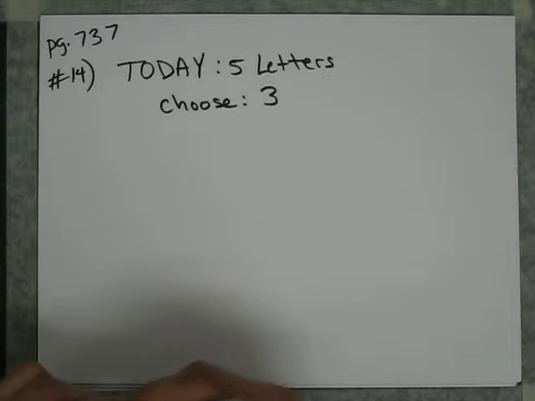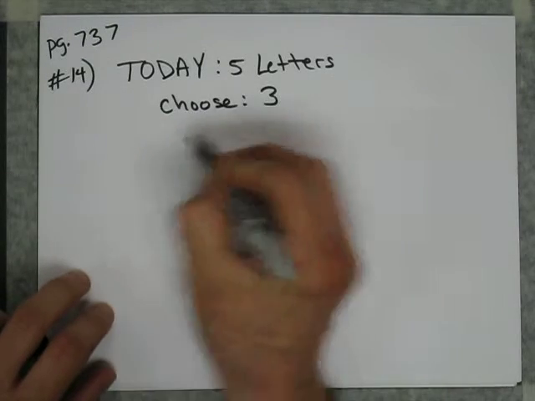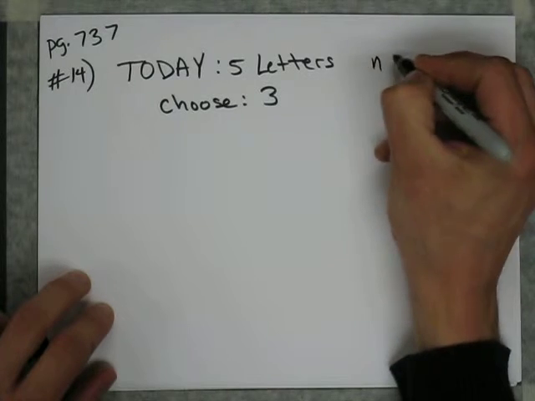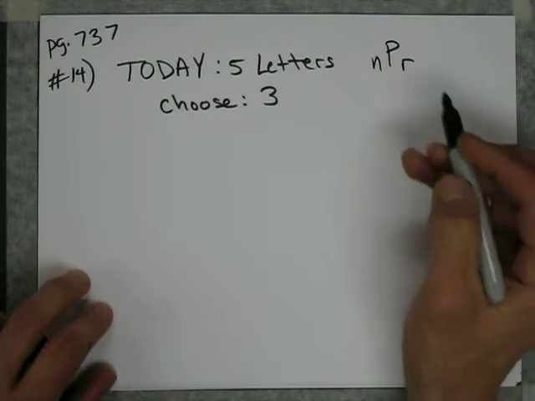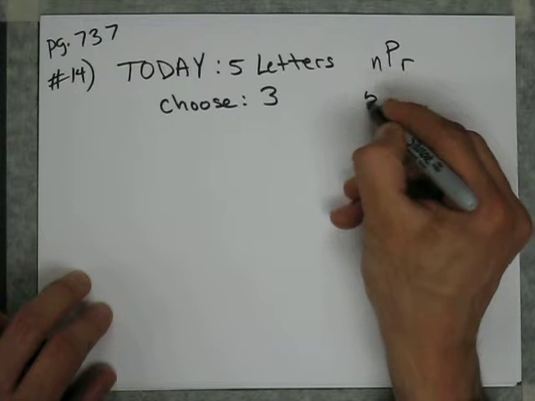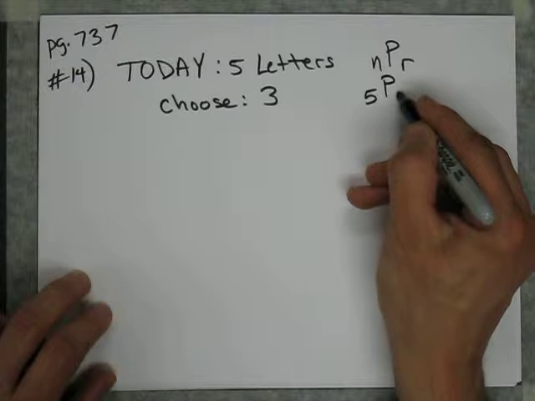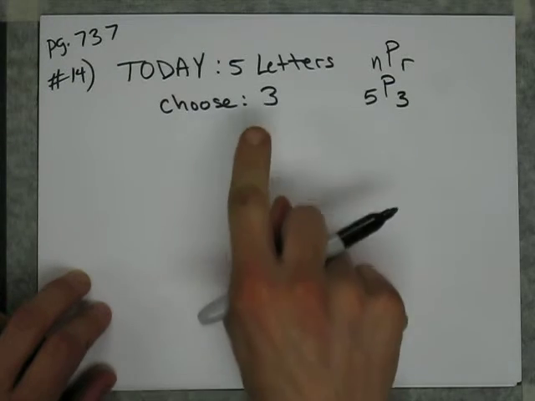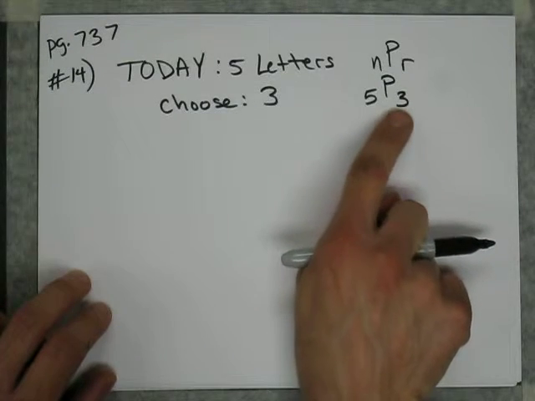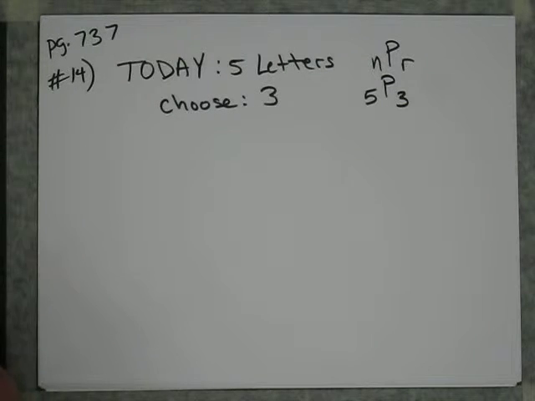Let's think of it in terms of our nPr button. You have 5 letters, that would be the n. You have 5 things permuted 3 ways, because we're going to choose 3 of them. So 5 choose 3. Let's see what that gives us. Go ahead and do that on your calculator.